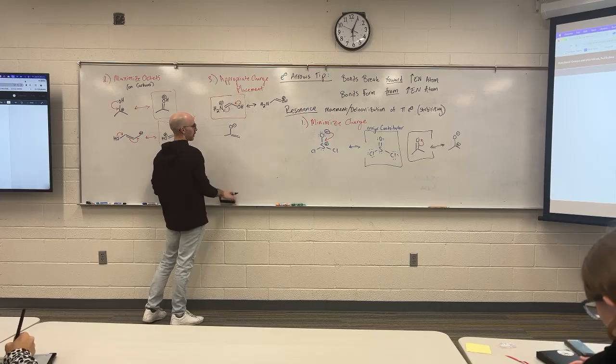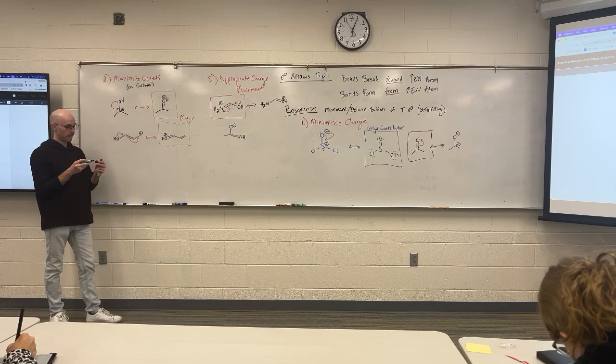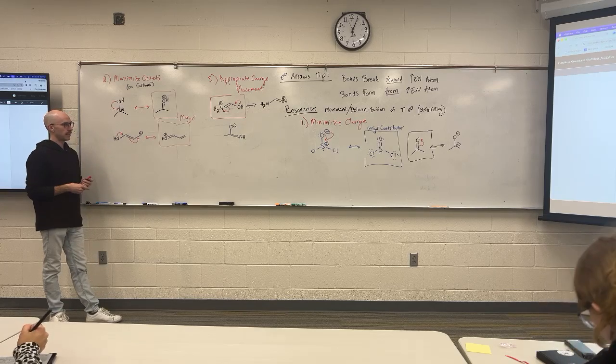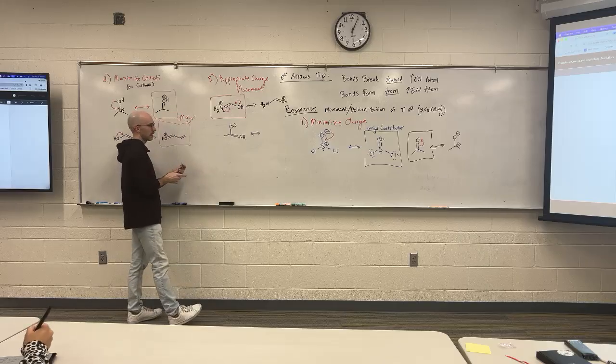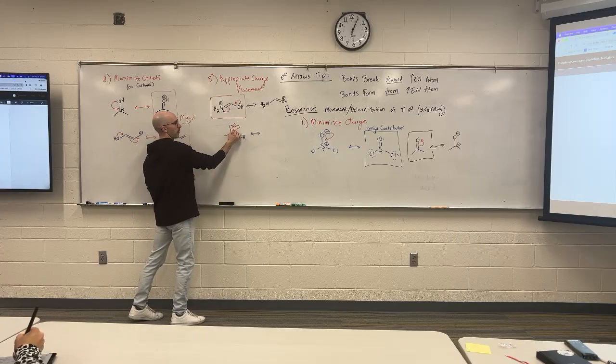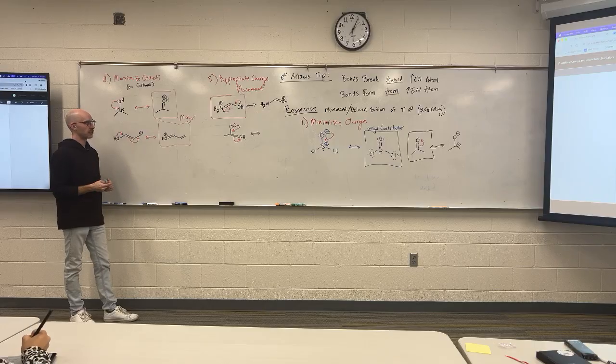All right, another example. Let's switch up the charges this time. Here, oxygen has a negative charge. It can use that negative charge to form a double bond, break the pi bond between carbon and nitrogen to the nitrogen.